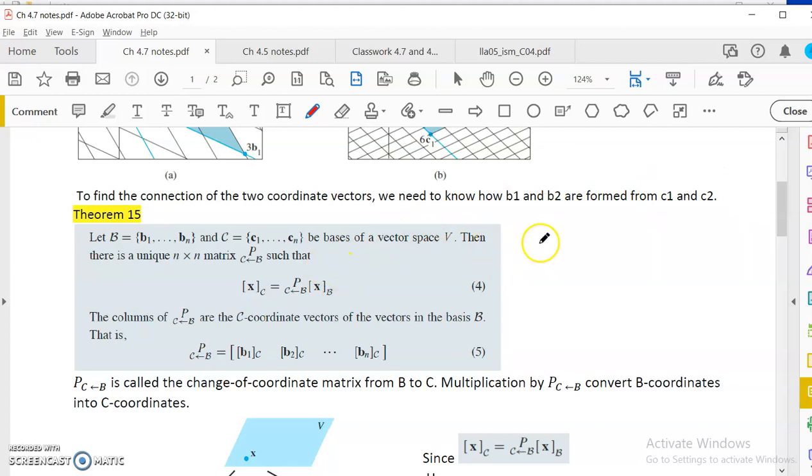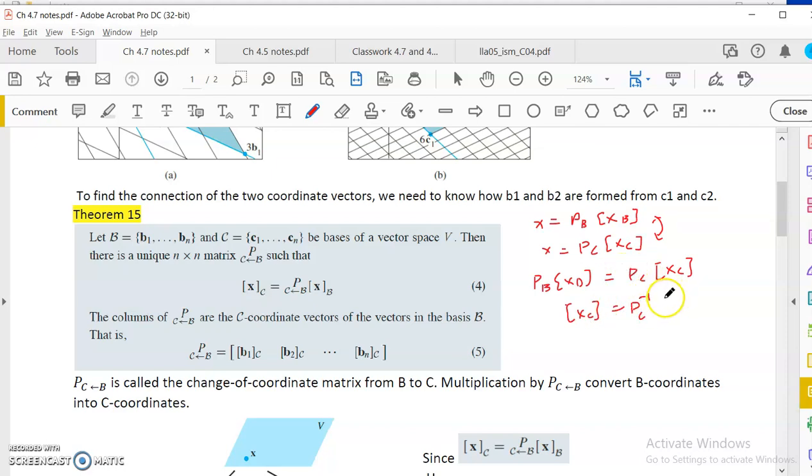In the past we have X equal to P of B times X of B, and then X is also equal to P of C times X of C. If I want to connect between them, I would just equate them. So P of B times X of B is equal to P of C times X of C. If I want to write X only in terms of X of C, I would say X of C equals, getting rid of this with P of C inverse, multiplying the inverse in the front, times P of B times X of B.